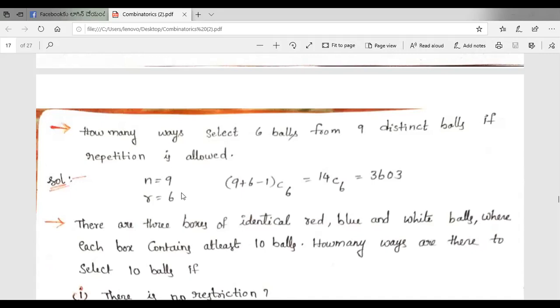Repetition is allowed, which means combinations with repetitions, and the formula is n plus R minus 1 C R. With n equal to 9 and R equal to 6, we get 9 plus 6 minus 1 C 6, that is 14 C 6, which equals 3003 combinations.